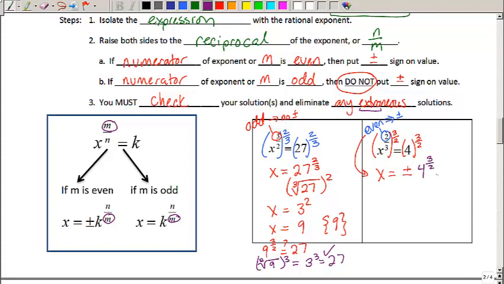Now I have to reduce 4 to the 3/2. 4 to the 3/2 is the same as the square root of 4 cubed, which is 2 cubed, or 8. So I believe my solution is plus or minus 8. Although I have to check both.